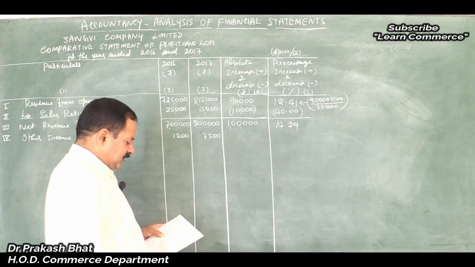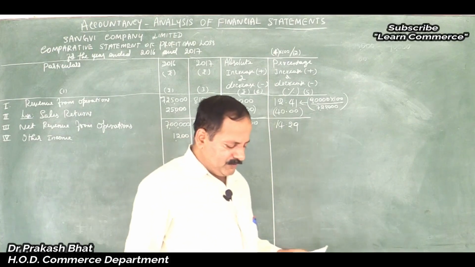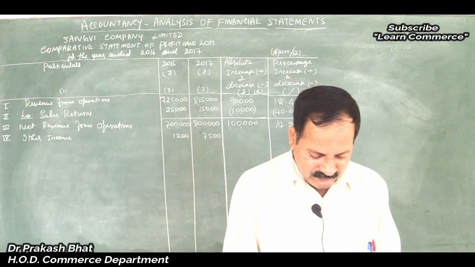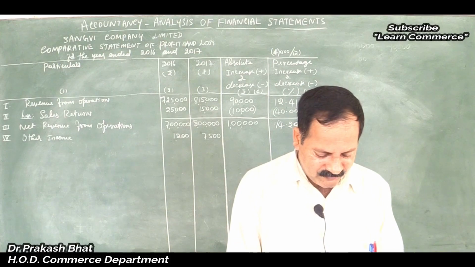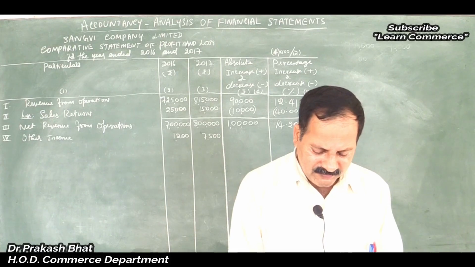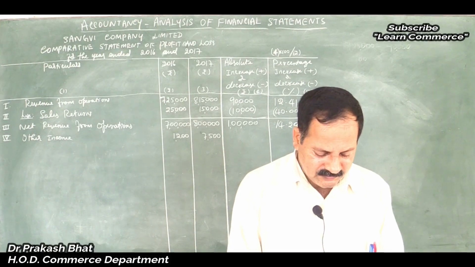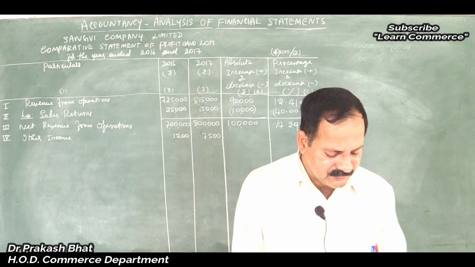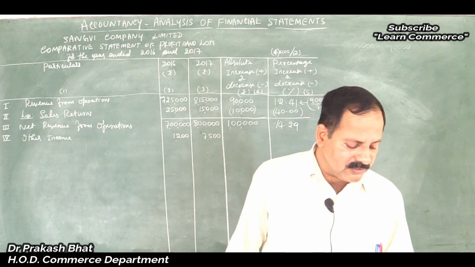How much is the increase? Just calculate. 1,200 and 7,500. So the difference is how much? 7,500 minus 1,200, 6,300, right? 6,300 is the difference. It is increased, 6,300 increase.